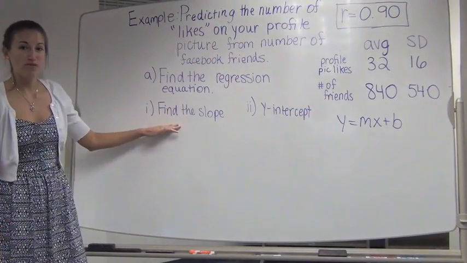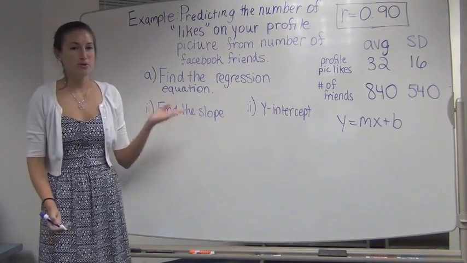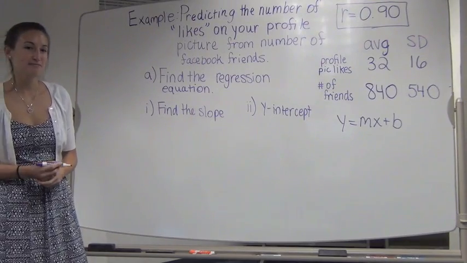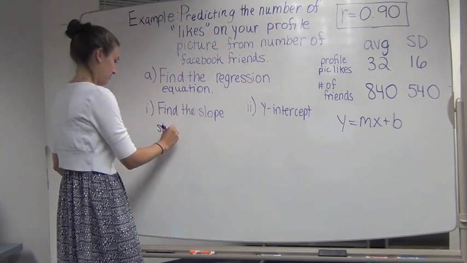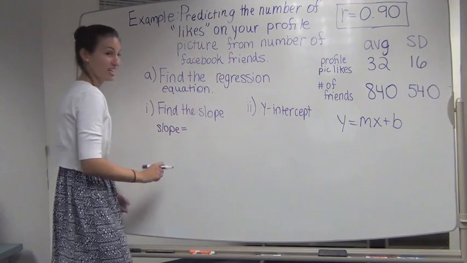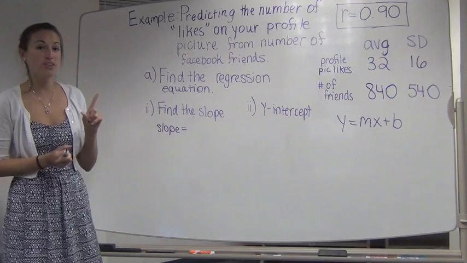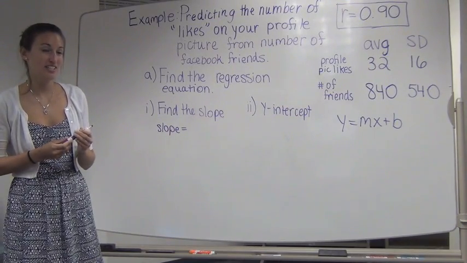So first, when we're finding the slope, we already know the formula for the slope of the regression equation. Does anyone remember what that formula is? It does have to do with the standard deviations. And it has to do with R. Which one goes on top though?